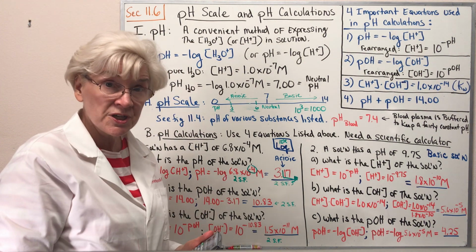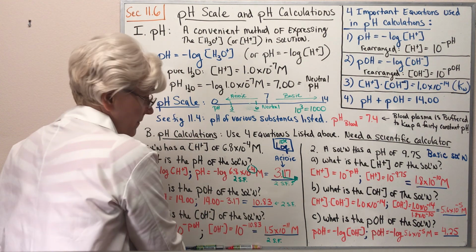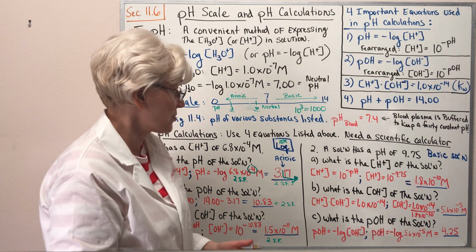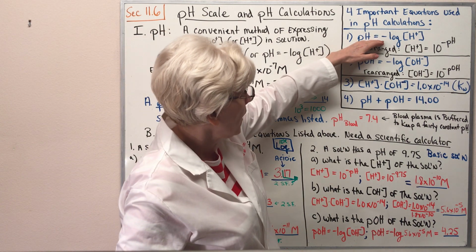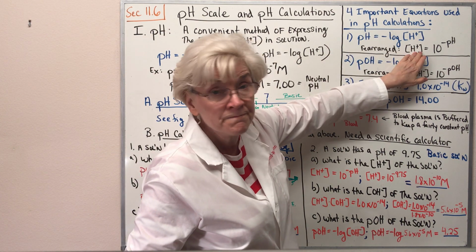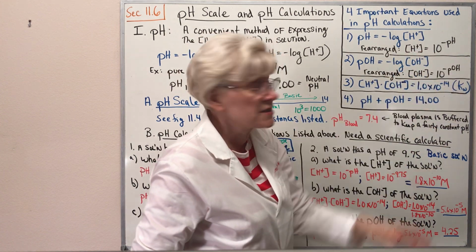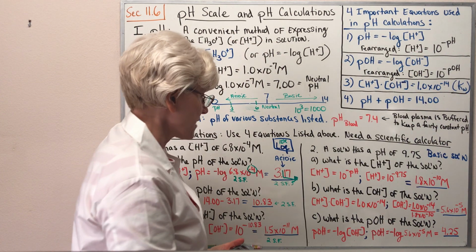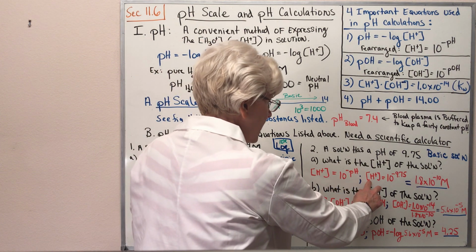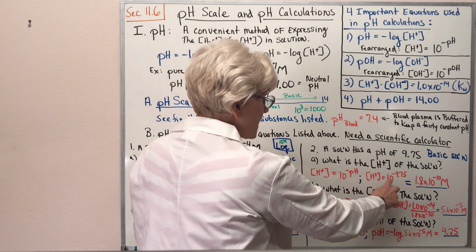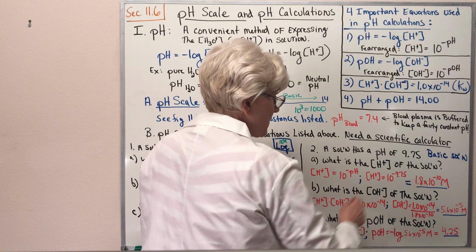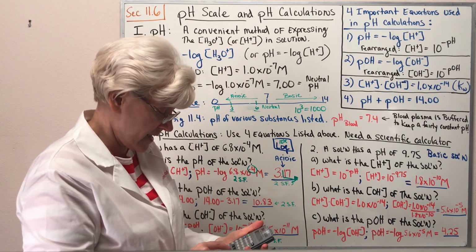Part A. What is the hydrogen ion concentration or hydronium ion concentration of this solution? We're going to use equation 1 in its rearranged form. The hydrogen ion concentration is 10 raised to the negative pH. So plugging in what the pH is, 10 raised to the negative 9.75.